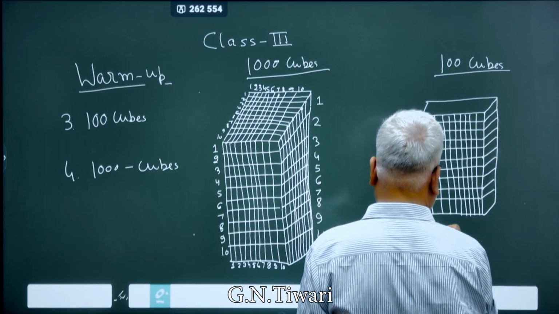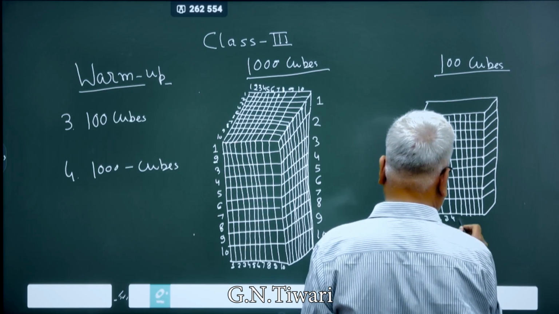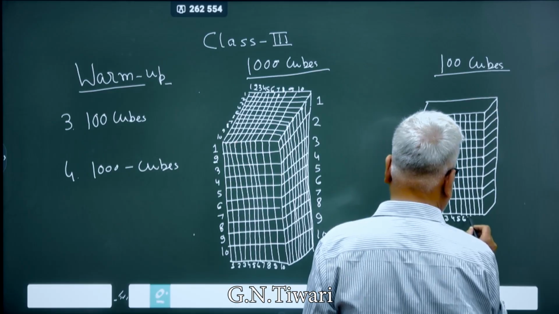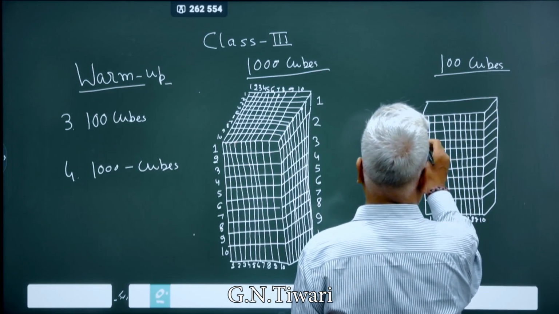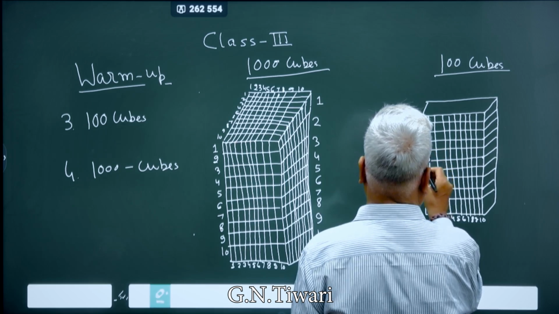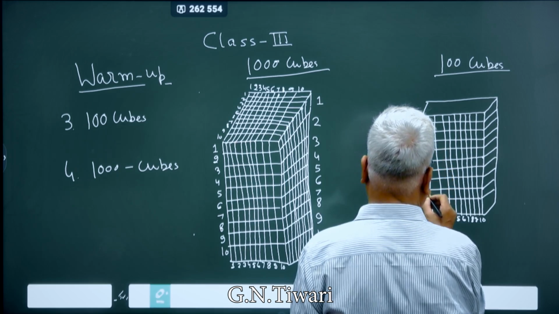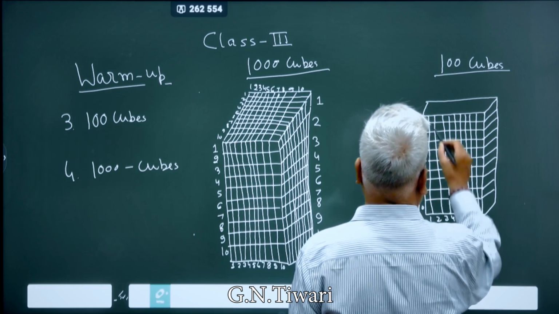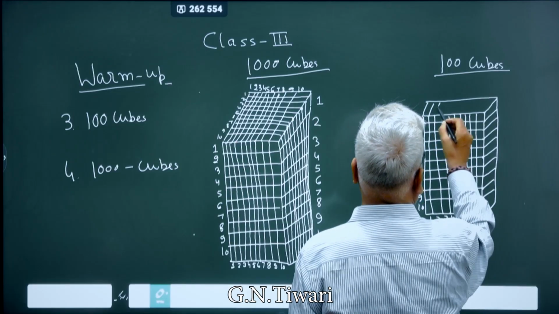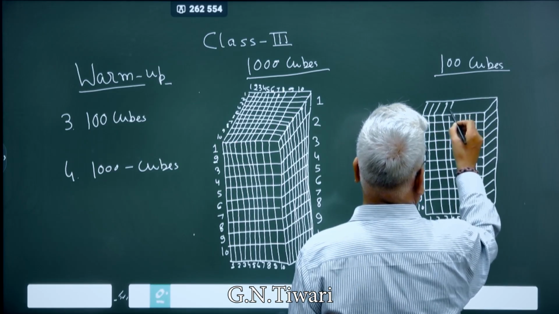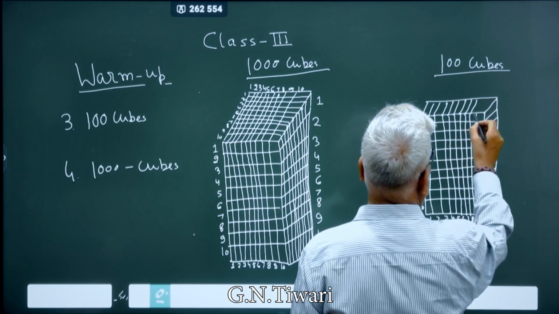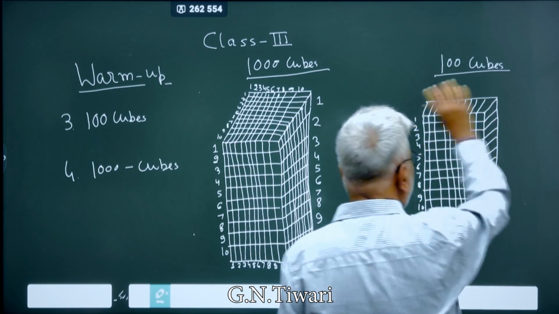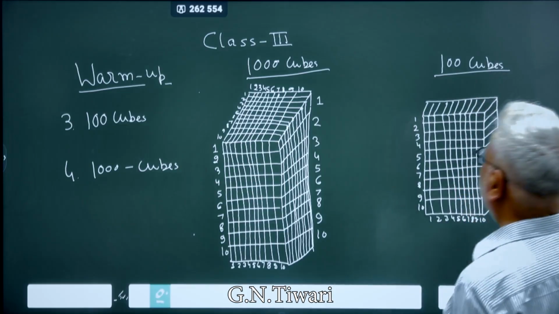Yeah, 1, 2, 3, 4, 5, 6, 7, 8, 9, 10. And just put 1, 2, 3, 4, 5, 6, 7, 8, 9, 10. This will give a glimpse of 100 cube.